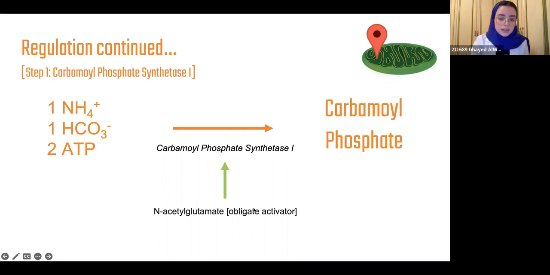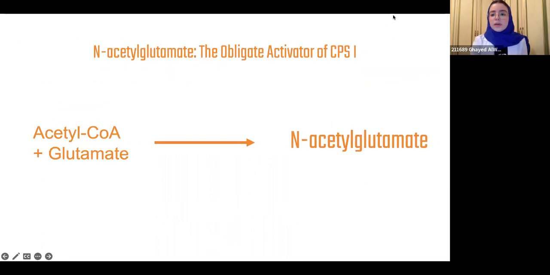So N-acetyl glutamate is so important, and you guys know most of it already, but there are a few more details that we should touch on, which is why this step is known as the critical step, right? There's a lot of details that go into it. Okay, so N-acetyl glutamate, again, the obligate activator of carbamoyl phosphate synthetase 1.